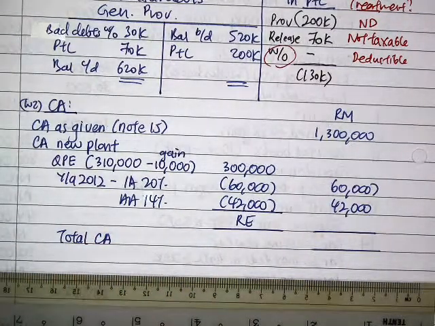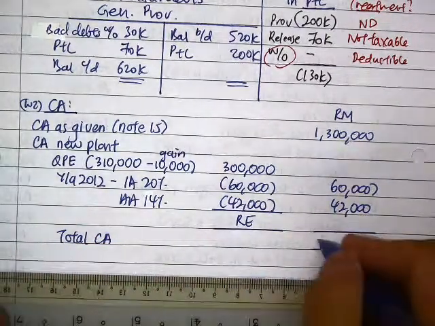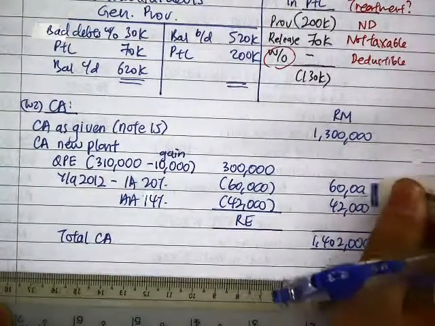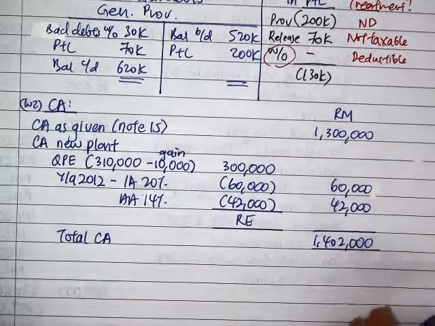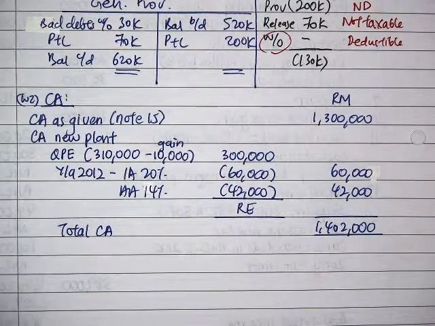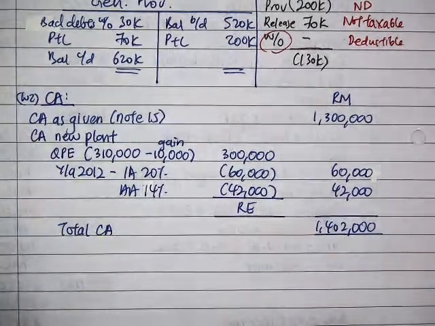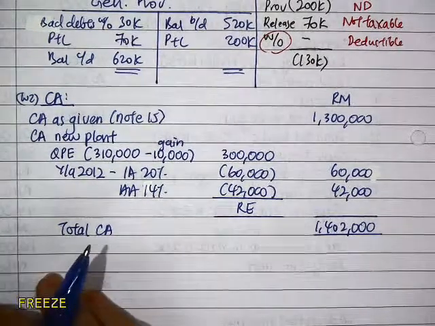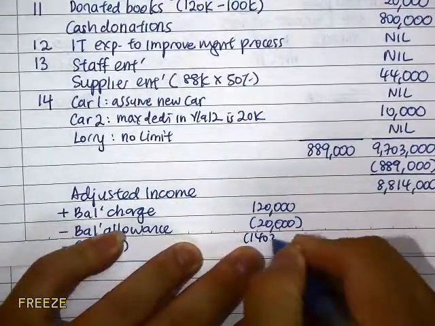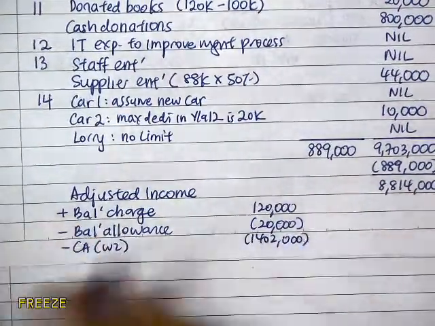So the total CA is $1,402. So bring this figure back. 1402.